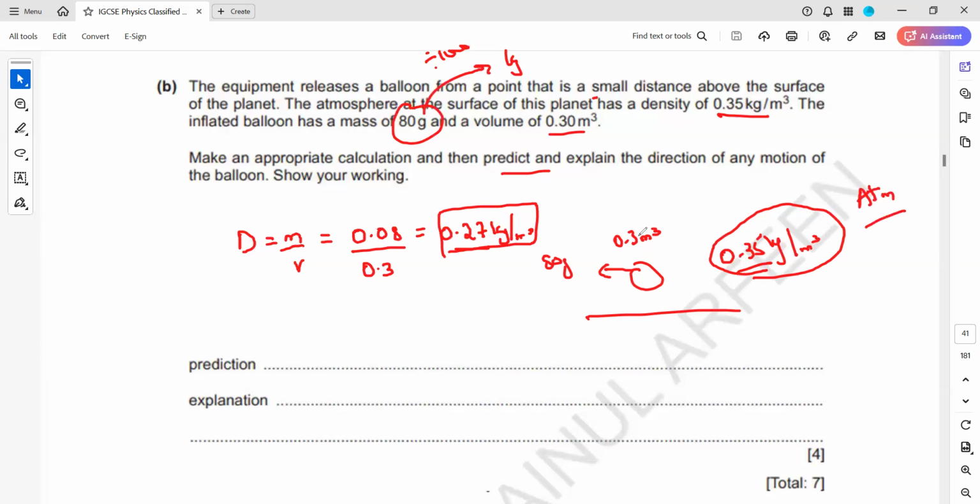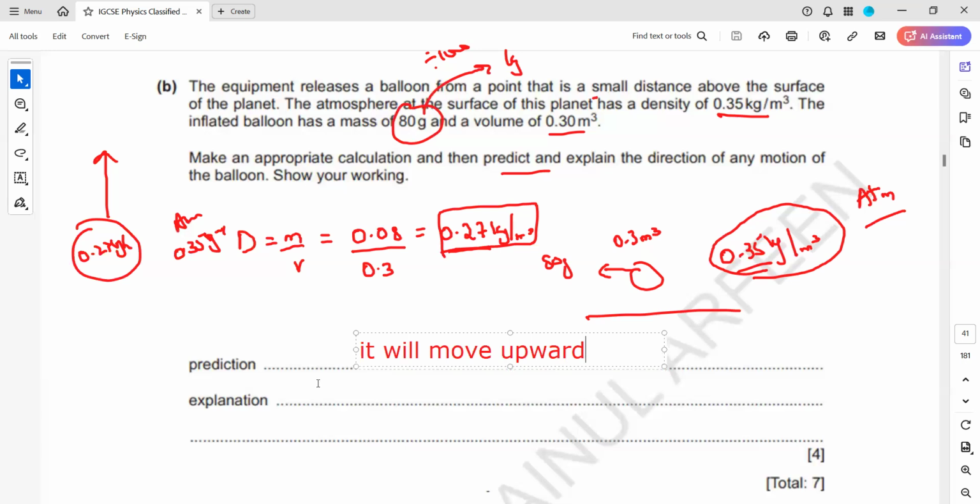Will it rise or sink? It will rise, so it will move upward. So our prediction is that it will move upward.